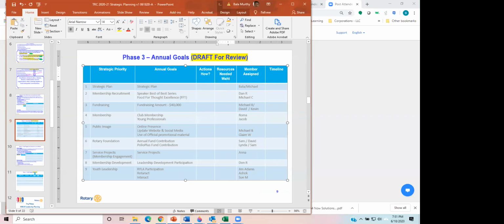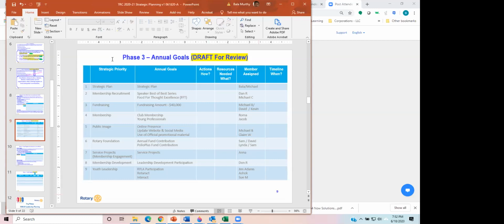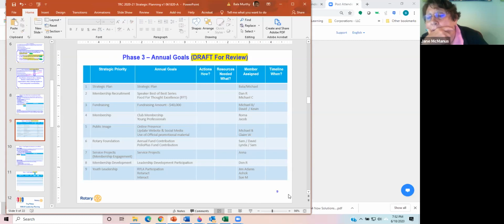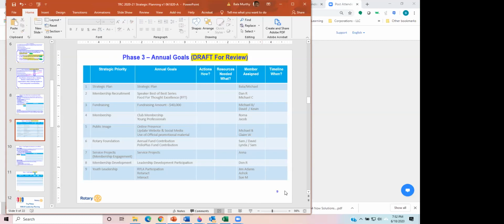So my perspective is, I thought when putting the names, members assigned to these categories of the strategic priority and annual goals, we would break out into these small groups and we would come back with some information to present to everybody. Right. So are we trying to do this one category at a time, or are we going to break down into groups?